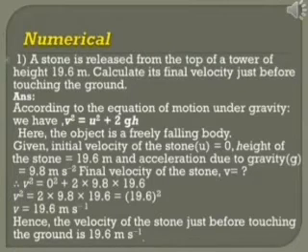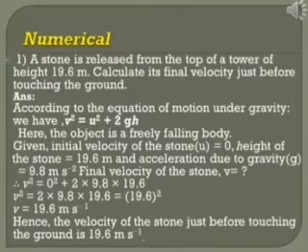Given that the initial velocity of the stone u is equal to 0, height of the stone h is equal to 19.6 meter, and acceleration due to gravity g is equal to 9.8 meter per second square. What is its final velocity v?